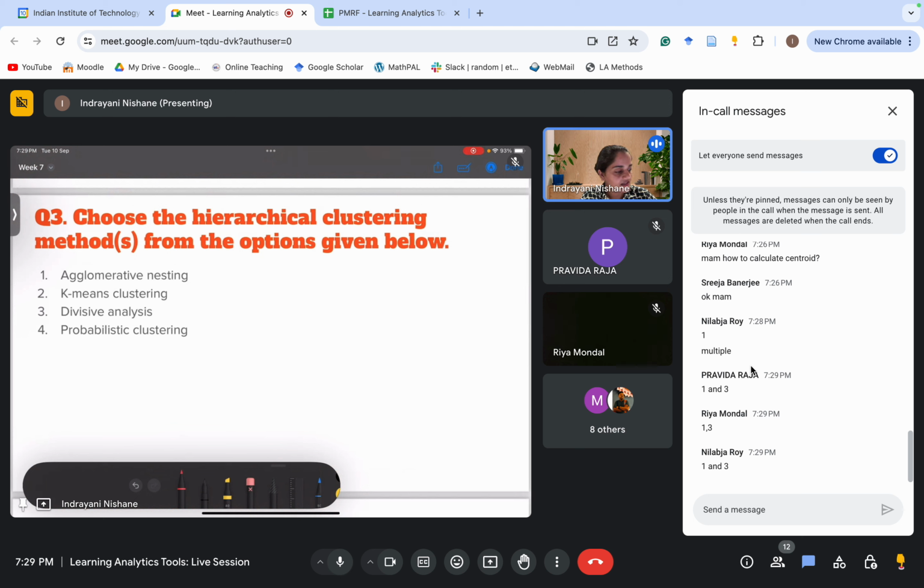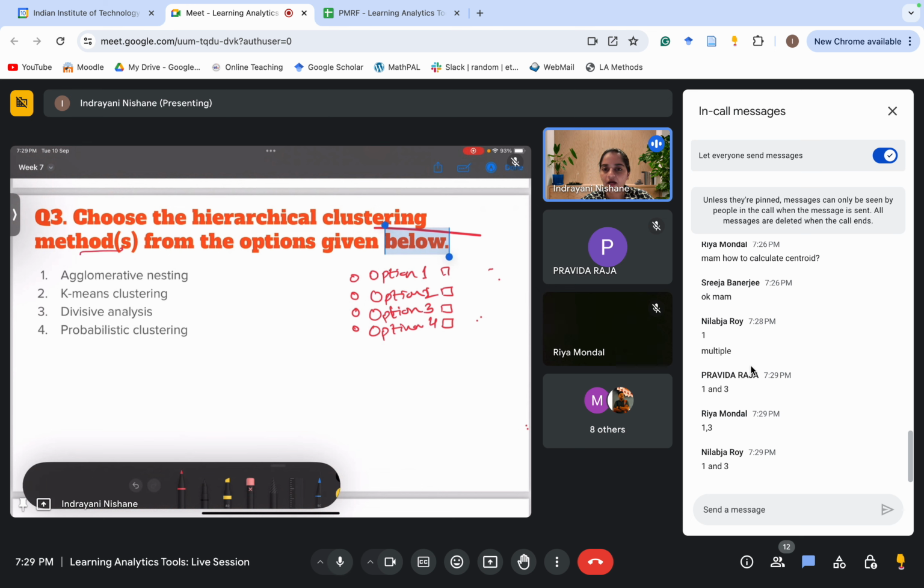When there is a single choice, all your options will have a radio button, a circular button, in front of them. If multiple options are correct, then it will have a square button or select button in front of it. So this is one hack I am telling you. If you see such marks before the options, you have to understand that this is multiple choice, and more than one option is correct.